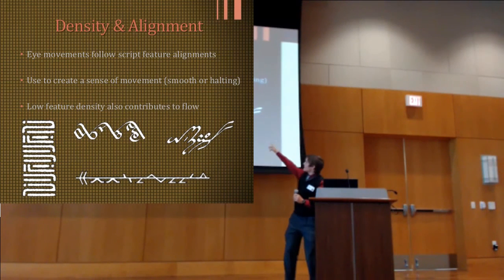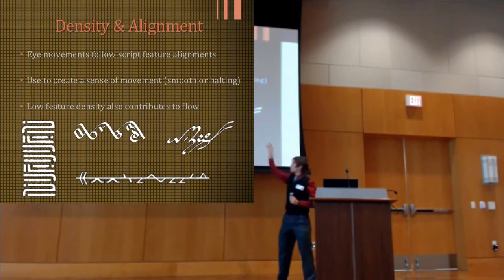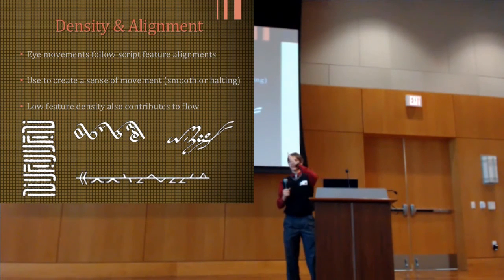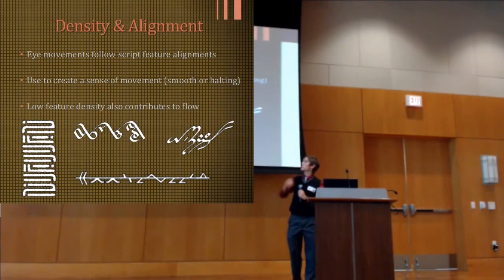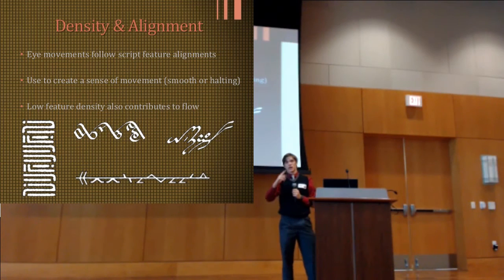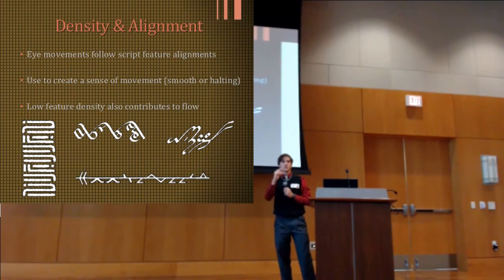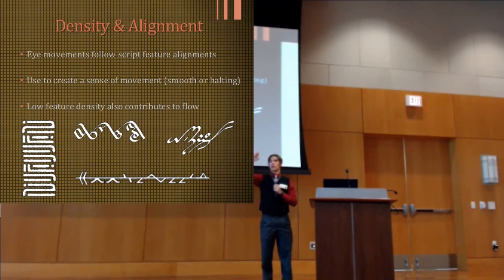And then a script like this, where the lines are lined up slanting forward, or scripts like that one there where they're slanting downward, cause your eyes to move along with that shape, to move along with that alignment until it reaches the bottom of the word, and then it goes back up.